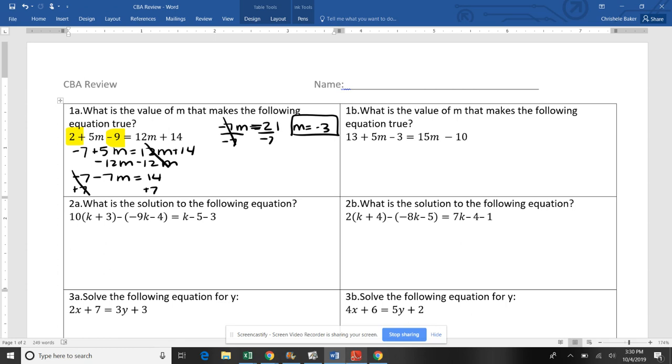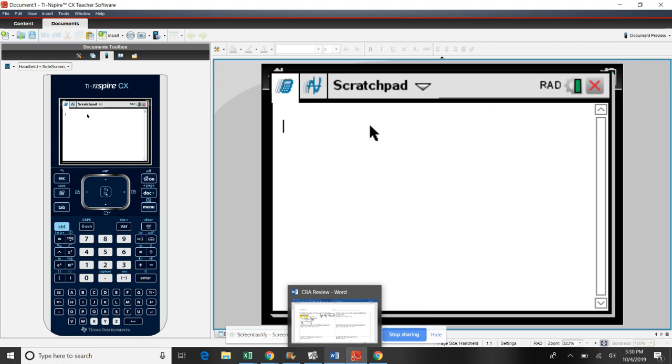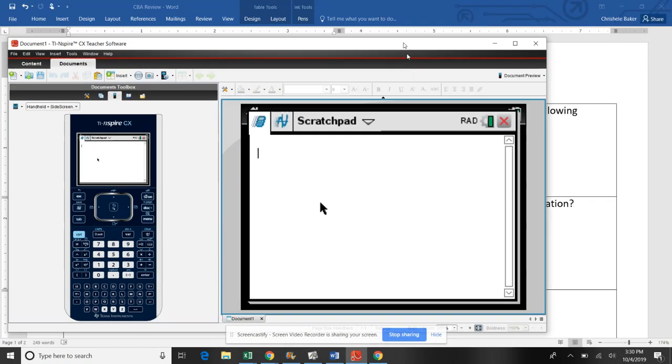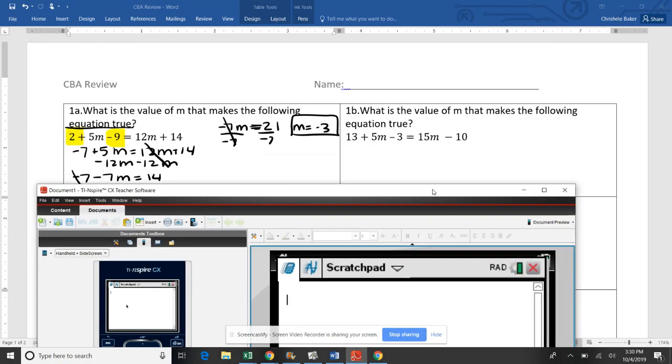So I'm going to go to my calculator and I'm going to check this answer because it says that this equation should be true. So both sides should be equal. So I'm going to type in my equation, and instead of m, I'm going to put my solution for m.